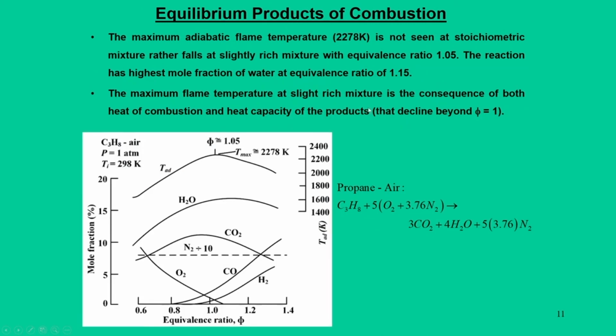So, what I have observed is that at an equivalence ratio of 1.05 we see the maximum adiabatic flame temperature, but the highest mole fraction is obtained at a higher equivalence ratio of 1.15. The maximum flame temperature is observed when the mixture is slightly rich.